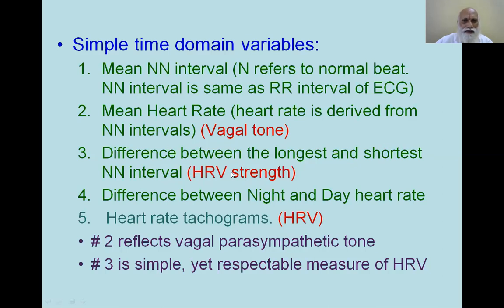The difference is the variability. So this difference will indicate very nicely the HRV strength. If this difference is big, then cardiovascular health is good. If it is less, cardiovascular health is not so good, and poor.